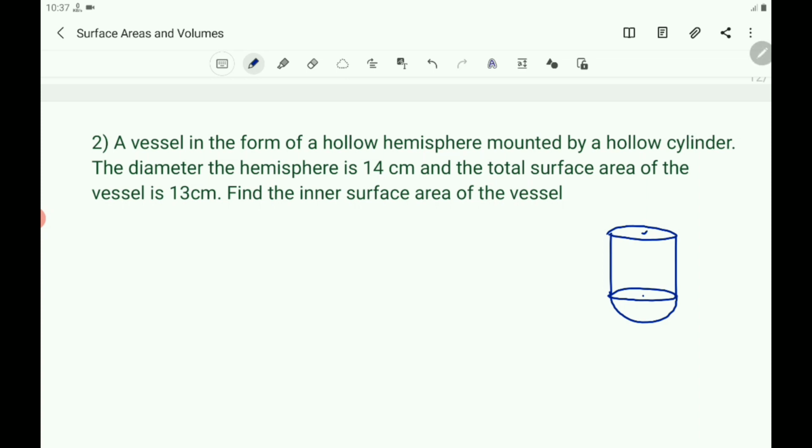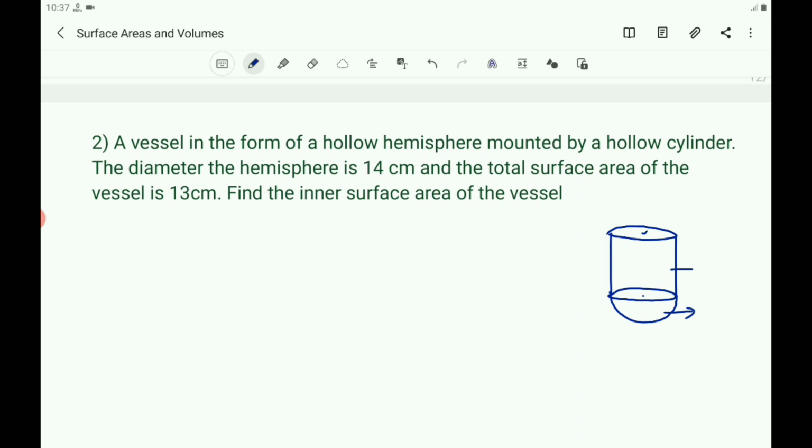In this question, it is given that the vessel is in the form of a hollow hemisphere mounted by a hollow cylinder. It is a vessel with a hemispherical base which is mounted by the cylindrical portion.